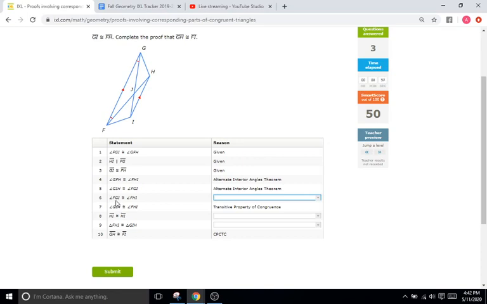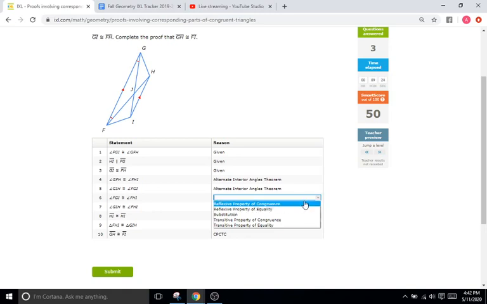How do we know FGI, so this angle here, and FHI, in this angle here, how do we know these two angles are going to be the same? Okay, is it the reflexive property of congruence or equality?